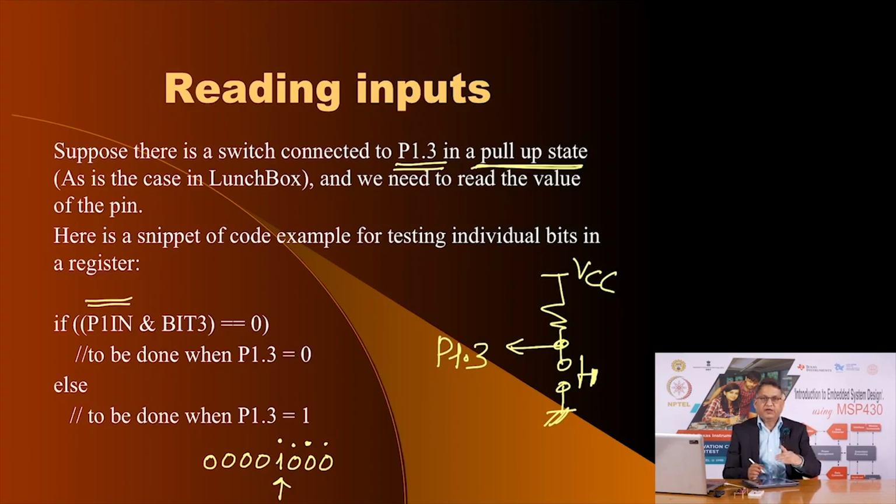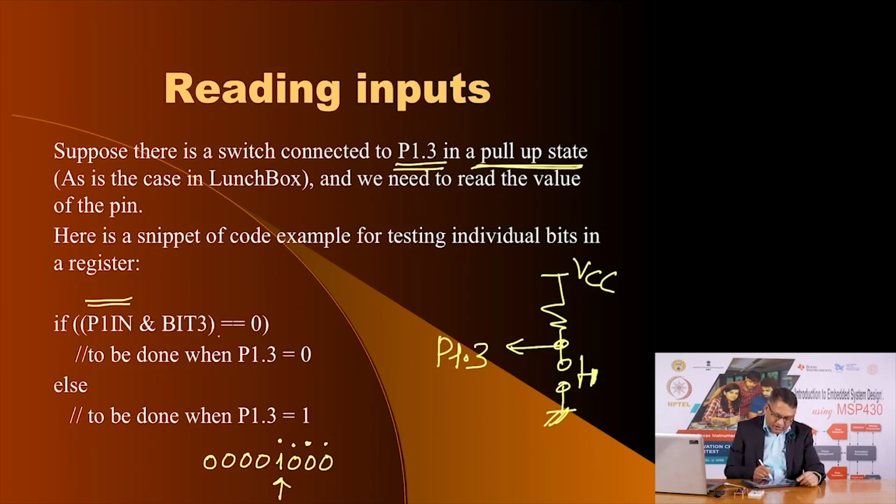Because the third bit of the mask is 1, if the result of the bitwise ANDing operation is 0, that means the bit 3 read from the pin has reported a 0. If it is 1, the ANDing will become 1.